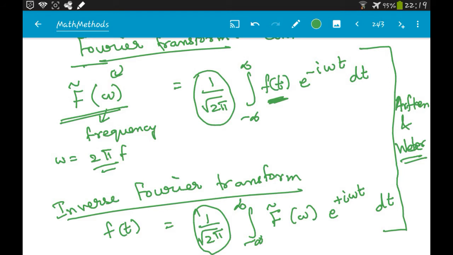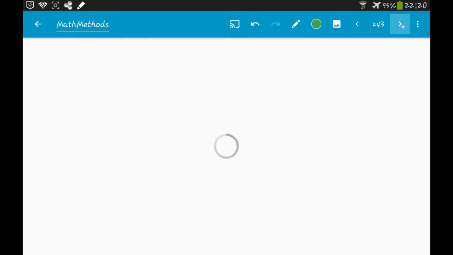Ultimately all the notations mean the same thing. It's just that the multiplication of these prefactors should be equal to 1 by 2 pi. Sometimes in some books you will have the entire 1 by 2 pi in F of omega, and f of t will not have any 1 by root over 2 pi. In some books they will be split over like it is done here, and in some other book it will be the opposite way. So that is all about the notation, but in our lectures we will use this particular notation.